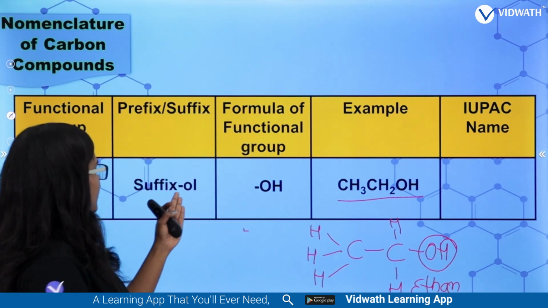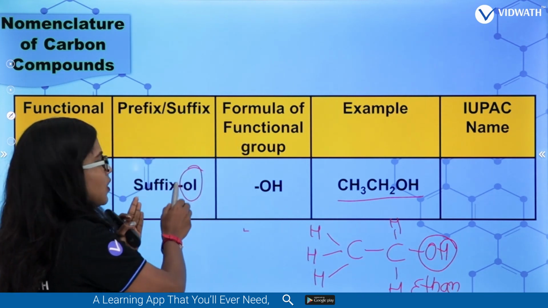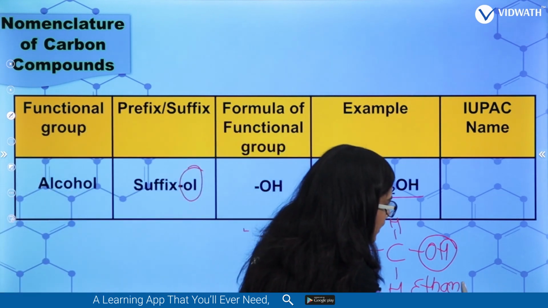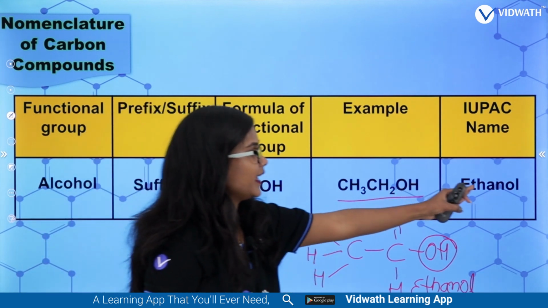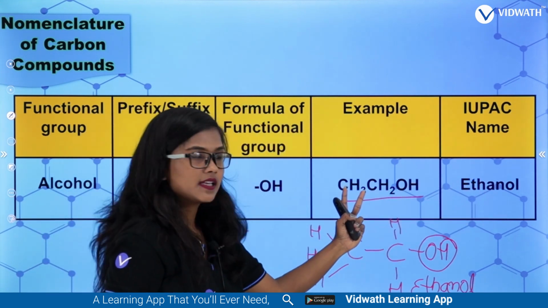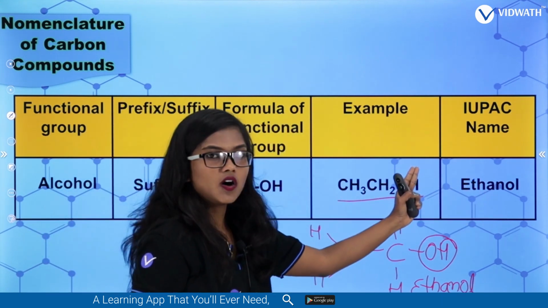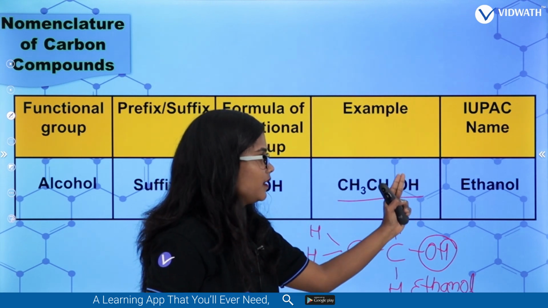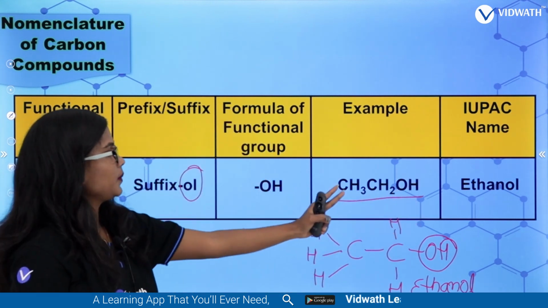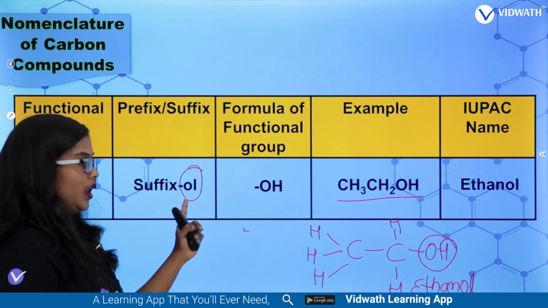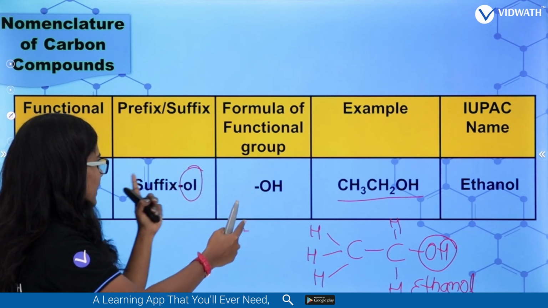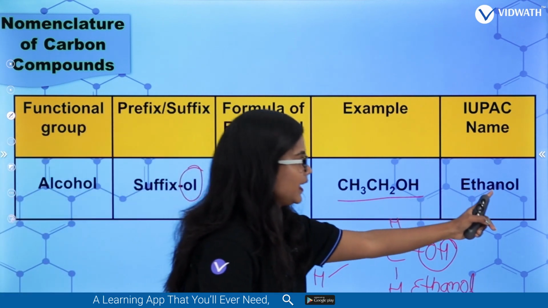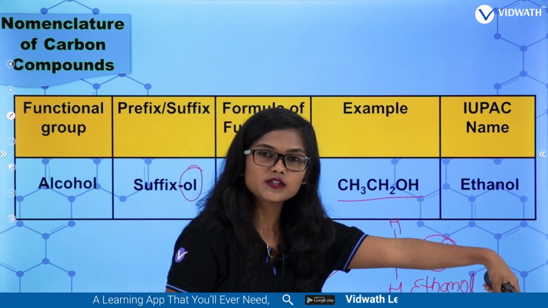So OH means in the suffix we use "ol": ethanol. So what is this? Ethanol. 2 carbon atoms, and the functional group is alcohol, that is OH. If it is there, for that compound we use the suffix "ol", which represents the alcohol. So ethanol. Clear about this functional group?